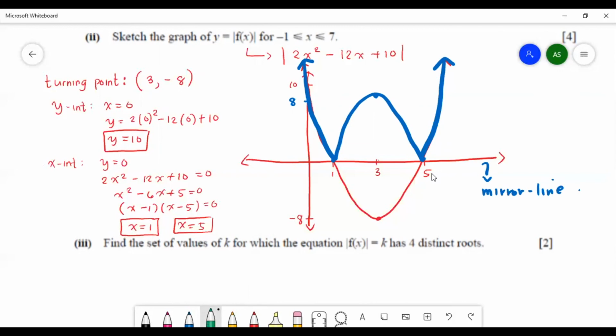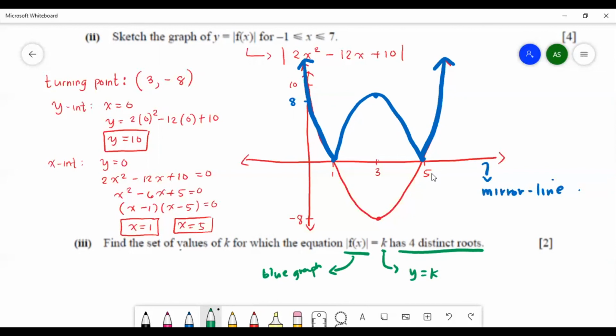Right? Last one, find the set of values of k for which the modulus of f of x equals k has 4 distinct roots. Now remember, the modulus of f of x is already the blue graph, right? And what we're going to do is we're going to graph your y equals k. Now, if k is any constant, that means this graph is a horizontal line, right?